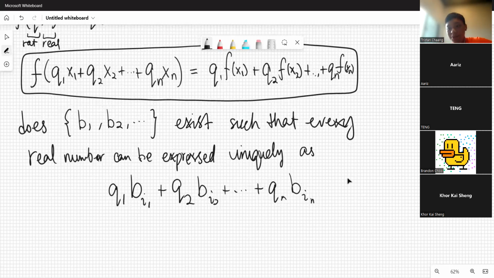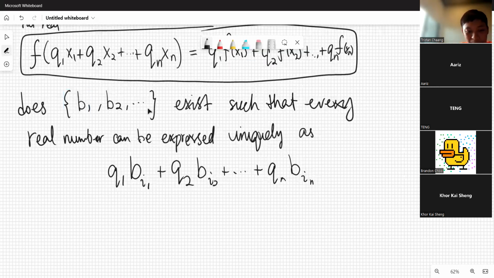Oh, so someone said intuitively it seems no. So the thing is, apparently, again, it's a yes and no. But the no is due to how I write this set, B1, B2, B3. The answer is there exists such a set, but the set will not be countable.